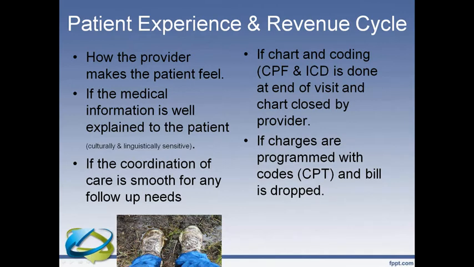So programming a lot of these codes and having your bills drop with those is significant, not making the provider have to do more than they need to. If you've got a certain CPT code that always comes with a certain diagnosis or requires a certain modifier, whatever it may be, having those built in so that it's not just being done at the end.